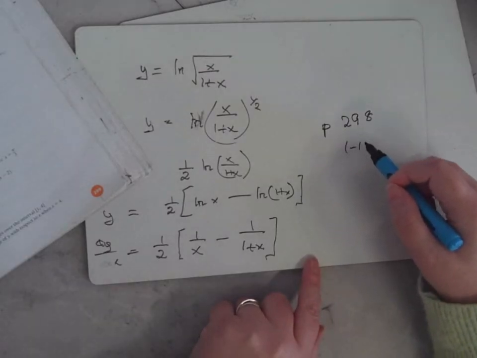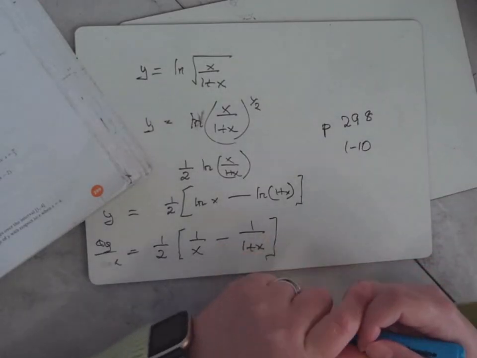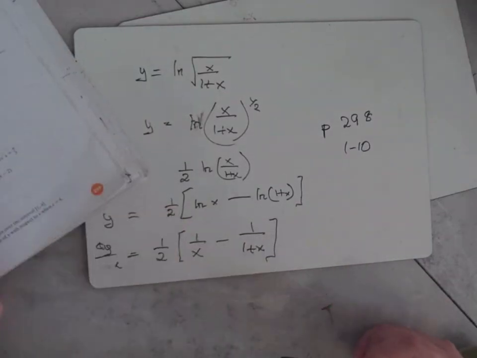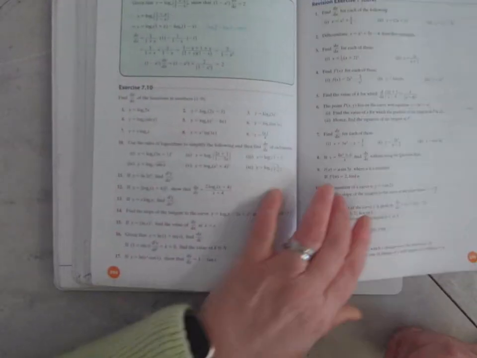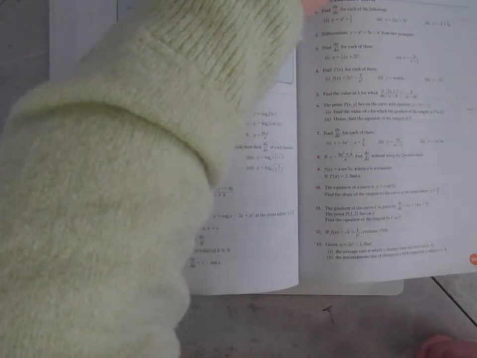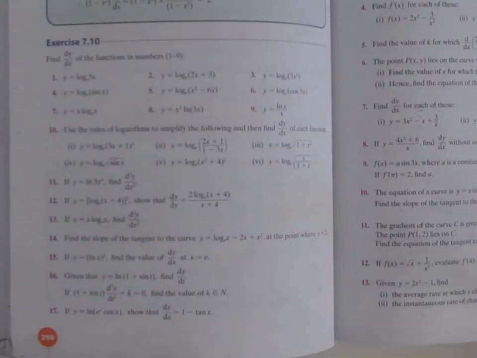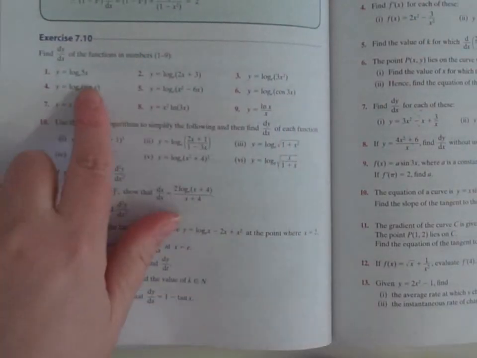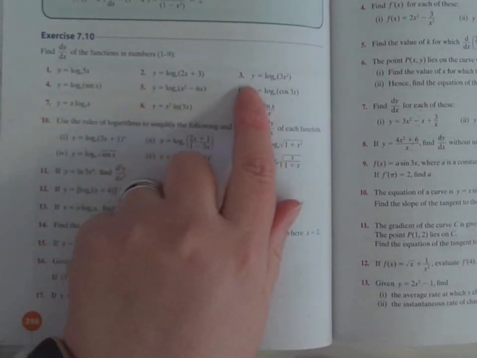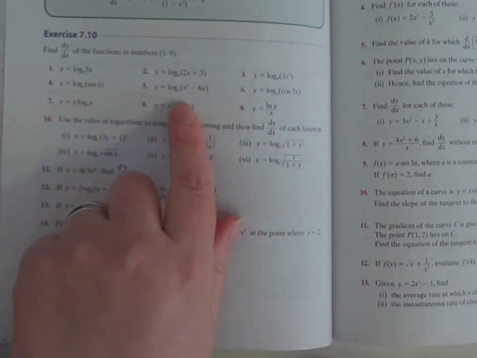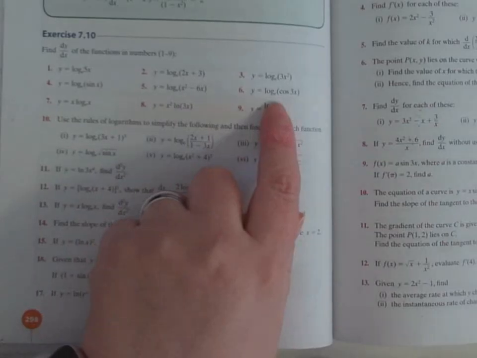But can I point out, have 1 to 10 open there for me for a minute, just looking at 1 to 10: 1 is grand, 2 is grand, 3 is grand, 4 is fine, 5 is fine, 6 is fine.